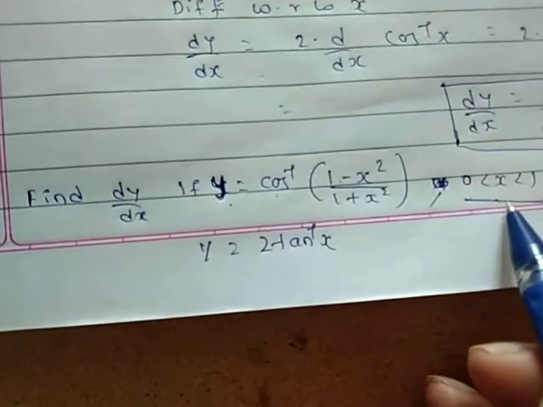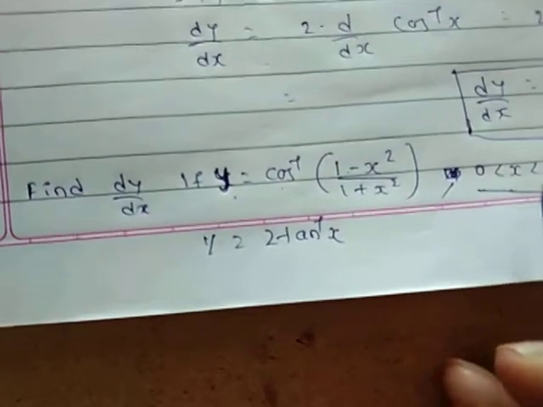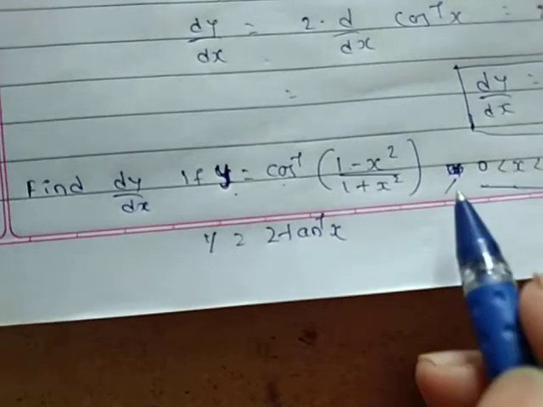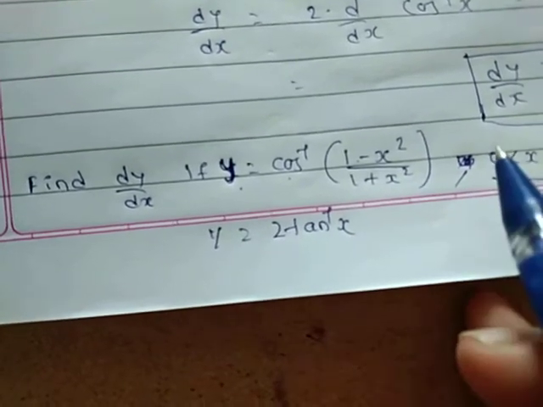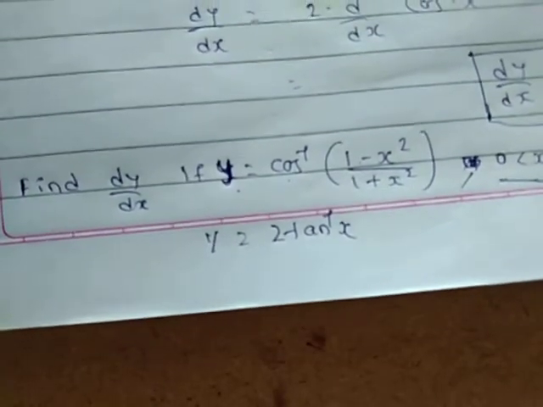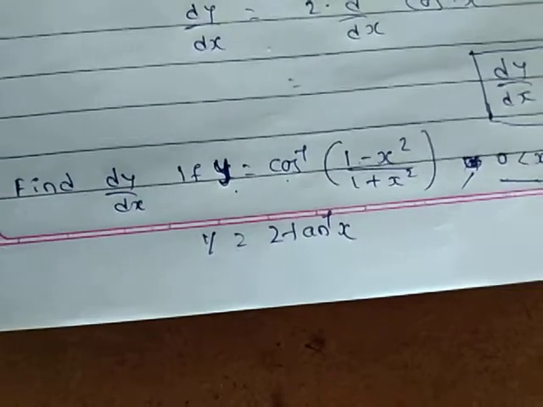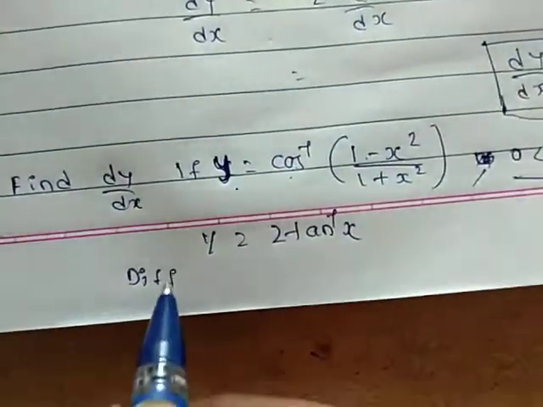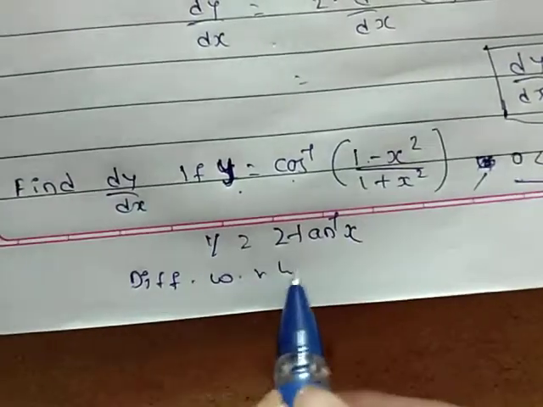In the open interval of 0 to 1, cos inverse of 1 minus x square divided by 1 plus x square can be written as y is equal to 2 into tan inverse x. Now we apply differentiation with respect to x.